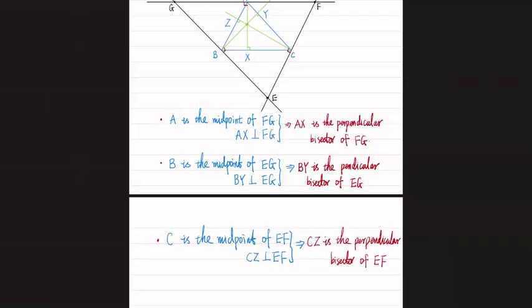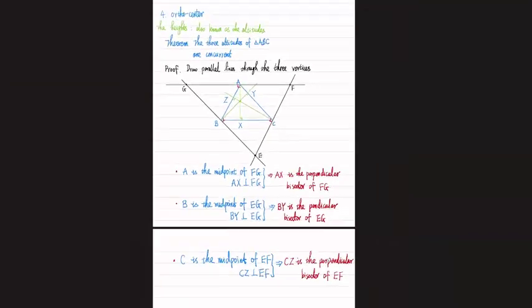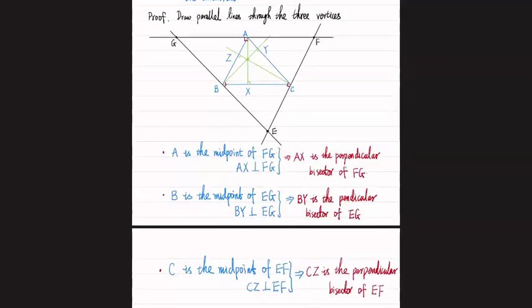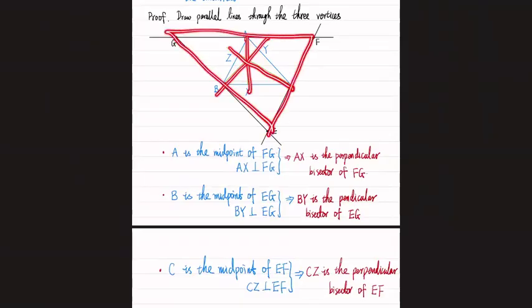All right. Now what do we have? We have that these three lines are the altitudes of triangle ABC, but they are also the perpendicular bisectors of triangle EFG.